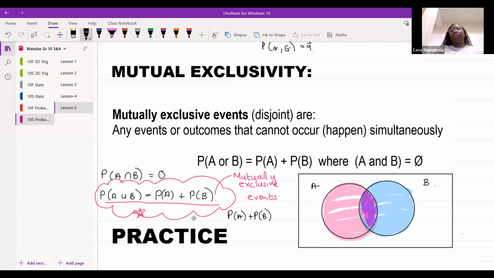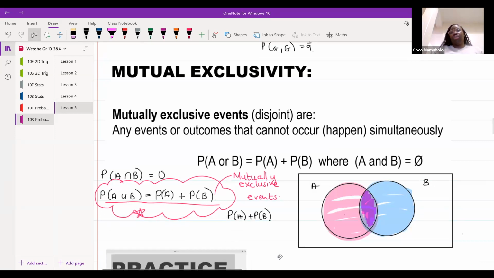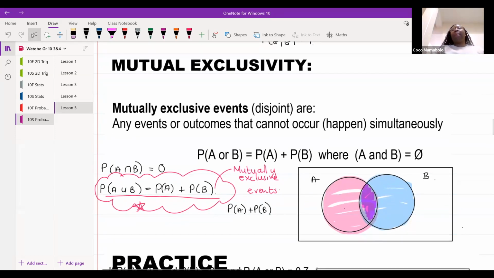So the normal formula, the addition rule, makes up for the fact that we count this twice. The probability of A union B is the probability of A plus the probability of B minus the probability of the intersection, A intersection B, so we can get rid of that extra one that we counted in the middle.